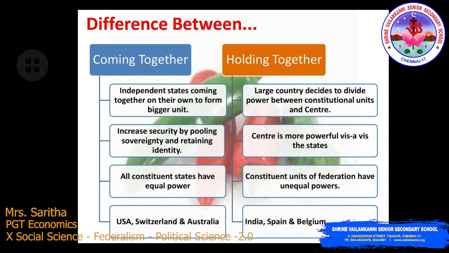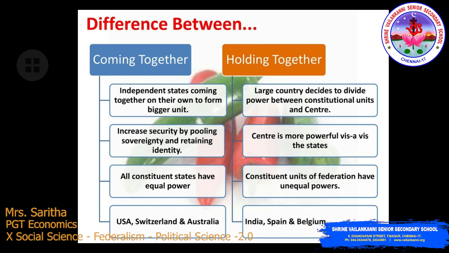In coming together, security is increased by pooling sovereignty and retaining identity. In holding together, the center has more power than the states. In coming together, all constituent states have equal power, but in holding together, the constituent units have unequal power. Examples of coming together: USA, Switzerland and Australia. Examples of holding together: India, Spain and Belgium.